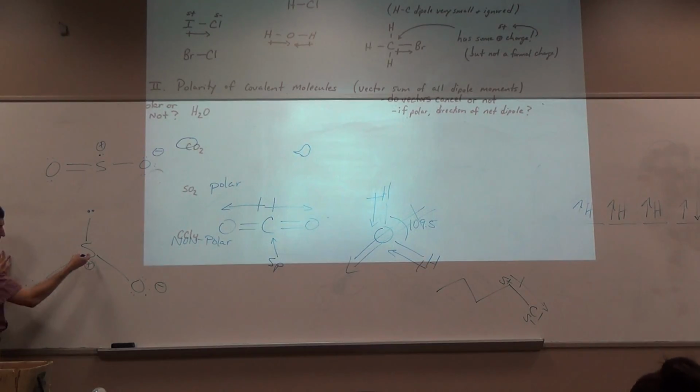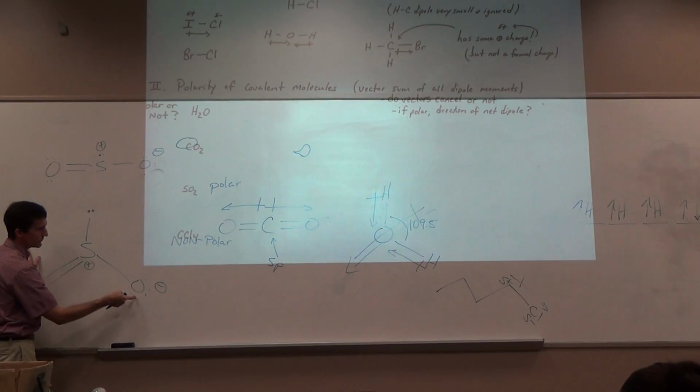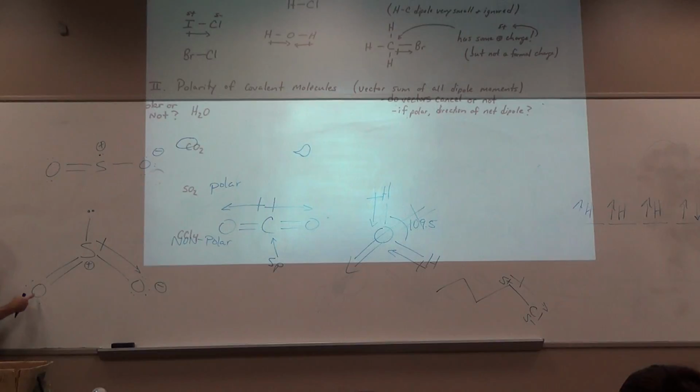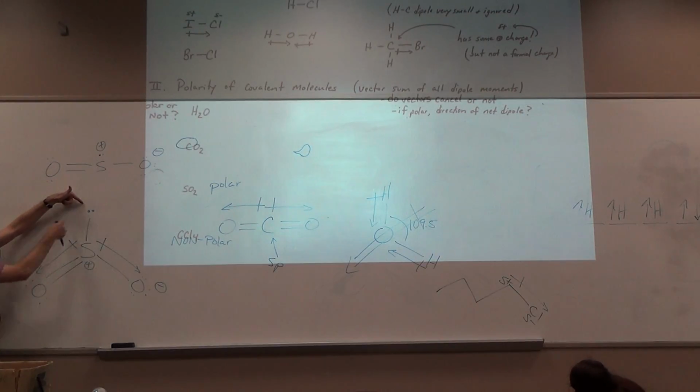At this point, do we have a dipole between sulfur and oxygen? Oxygen's more electronegative, so we have pulling. Do these dipoles cancel each other out? No. The only way they would cancel each other out is if it was linear. But that's not linear because the sulfur has a lone pair, essentially.